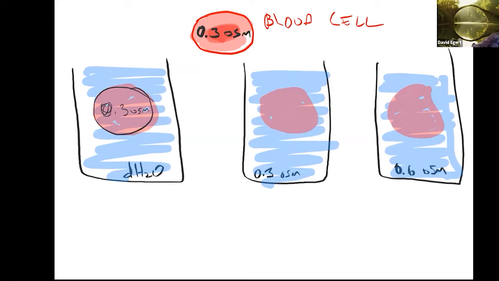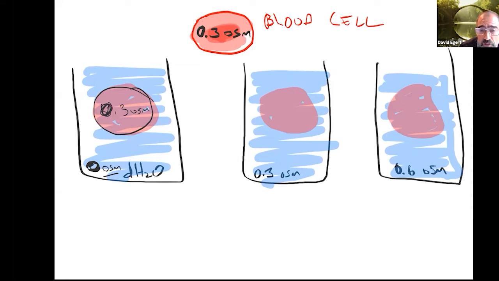What is the osmolarity of distilled water? How many particles per liter do we have in total in pure distilled water? Zero. There's nothing dissolved in there. So I have 0 outside and I have 0.3 inside.